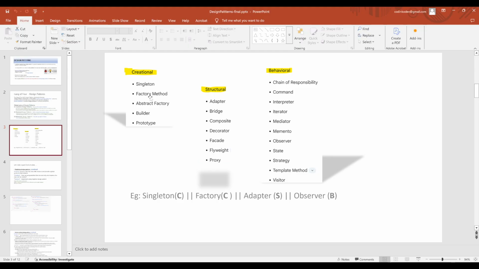Abstract factory, builder: creation of classes, like setting a few fields, where you want to create a particular class but build it with a few preset fields. So creational involves Singleton, factory method, abstract factory, builder, prototype. Structural involves adapter, bridge, composite, decorator, facade, flyweight, proxy. Behavioral involves chain of responsibility, command, interpreter, iterator, mediator, memento, observer, state, strategy, template method, visitor.